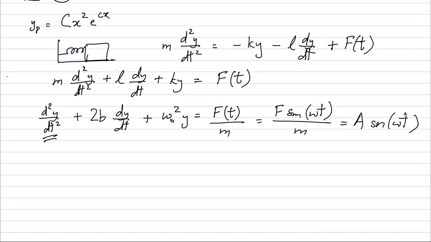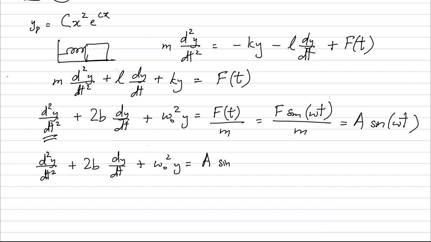So that's essentially the differential equation that I need to solve for y. Let me just write it out: plus omega naught square y is equal to capital A sine omega t. I'll be doing the underdamped case, as in damping is present, but it's not so great that it overwhelms the solutions.